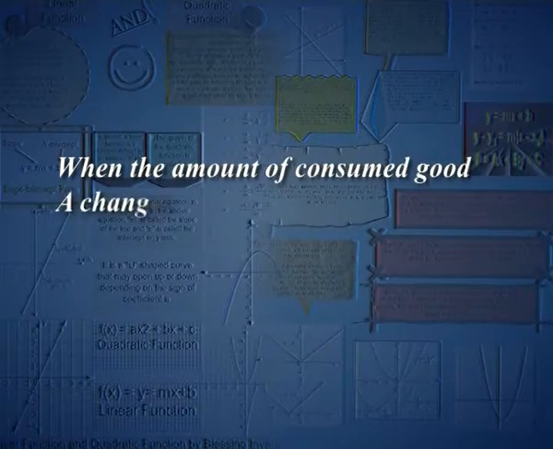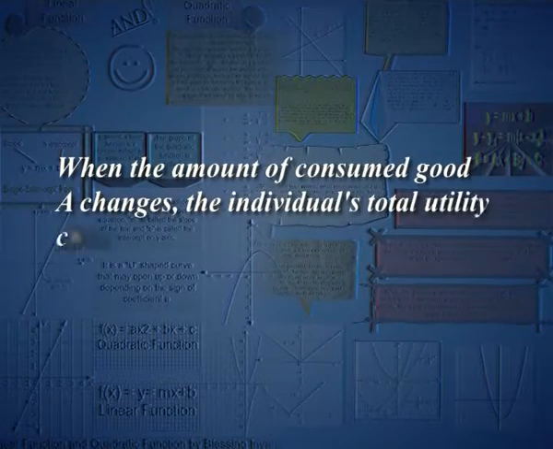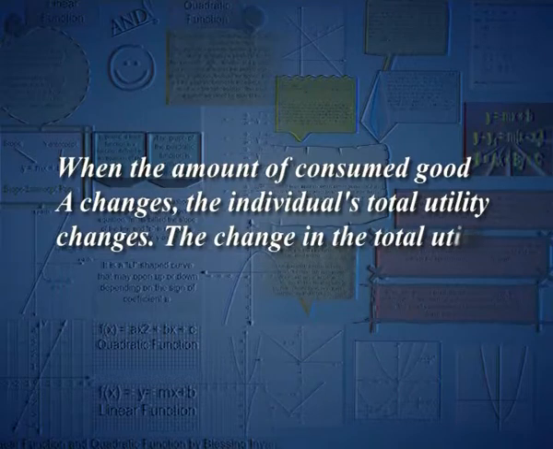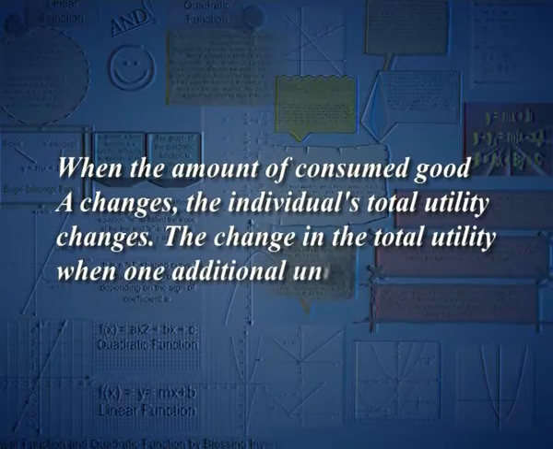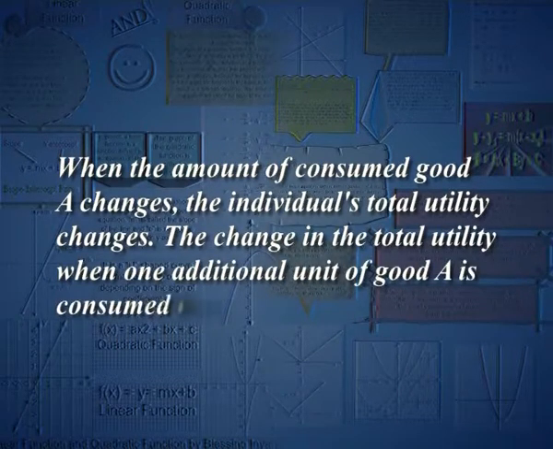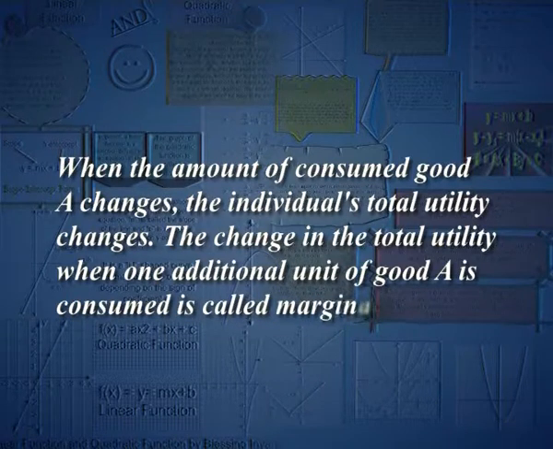It shows how much utility an individual obtains from consumption of different amounts of a good. When the amount of a consumed good, capital A, changes, the individual's utility also changes. The change in the total utility when one additional unit of good A is consumed is called marginal utility.